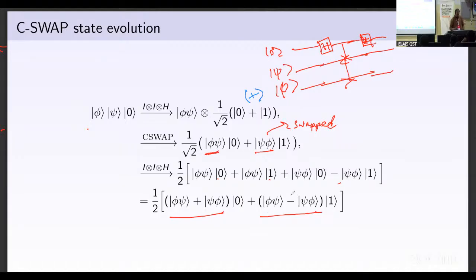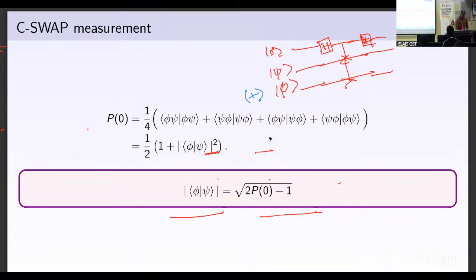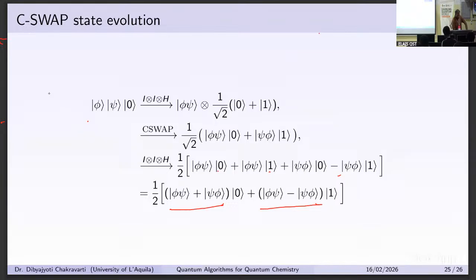Since the ordering here doesn't matter, we finally get, when we measure after transforming into the Hadamard basis, it becomes squared. So we square these two: phi psi plus psi phi squared, phi psi minus psi phi squared.